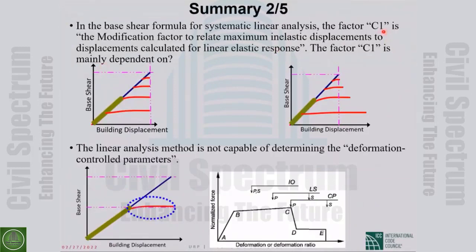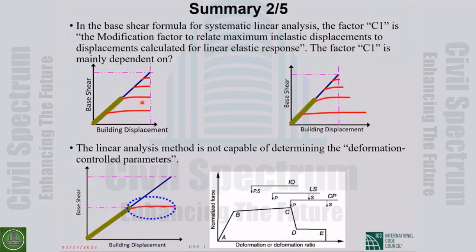We have a C1 factor. The modification value to relate maximum displacement to the displacement calculated from linear analysis. This factor depends on what properties of the system? It is mainly related to the period.